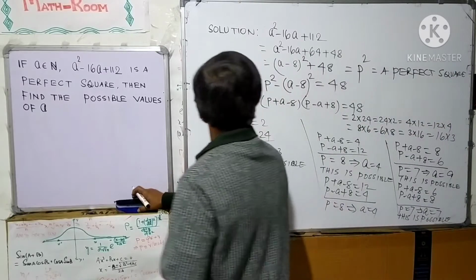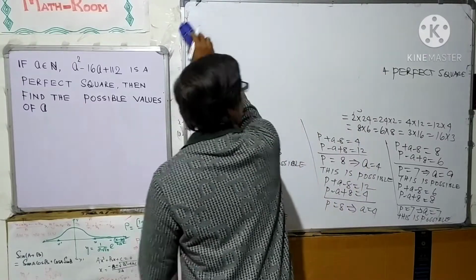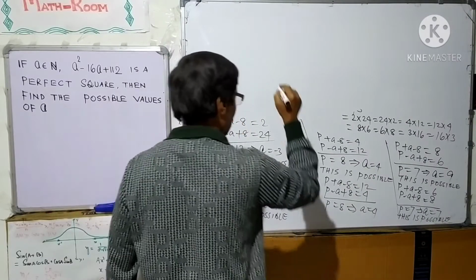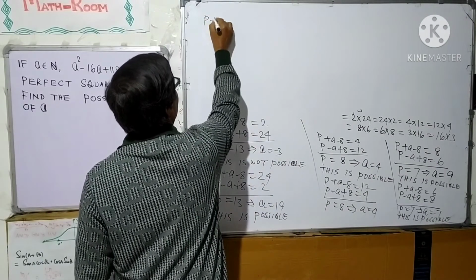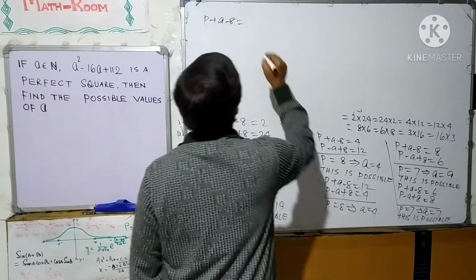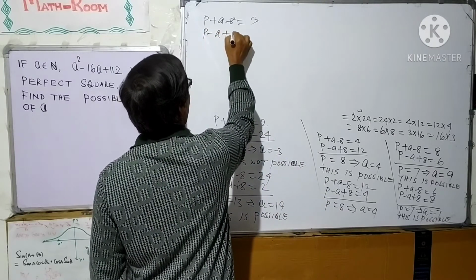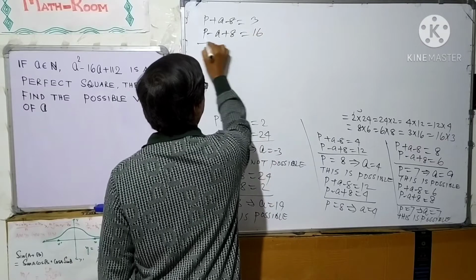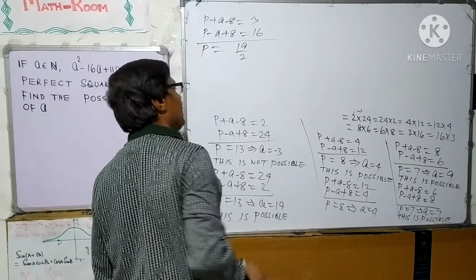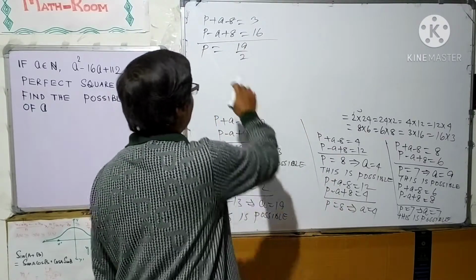Again, if we choose p plus a minus 8 equal to 3 and p minus a plus 8 equal to 16, we get p equal to 19 over 2, but p is a natural number.